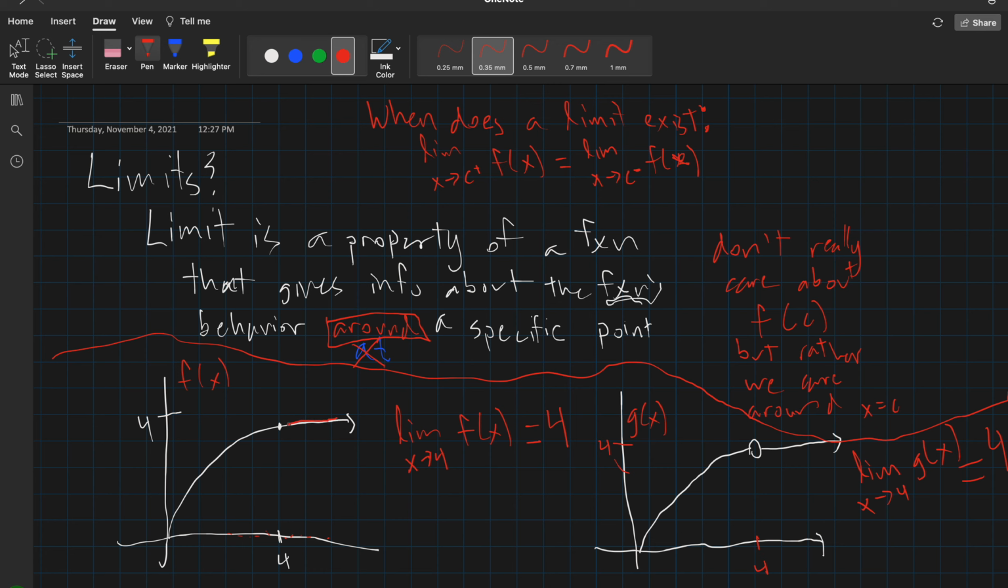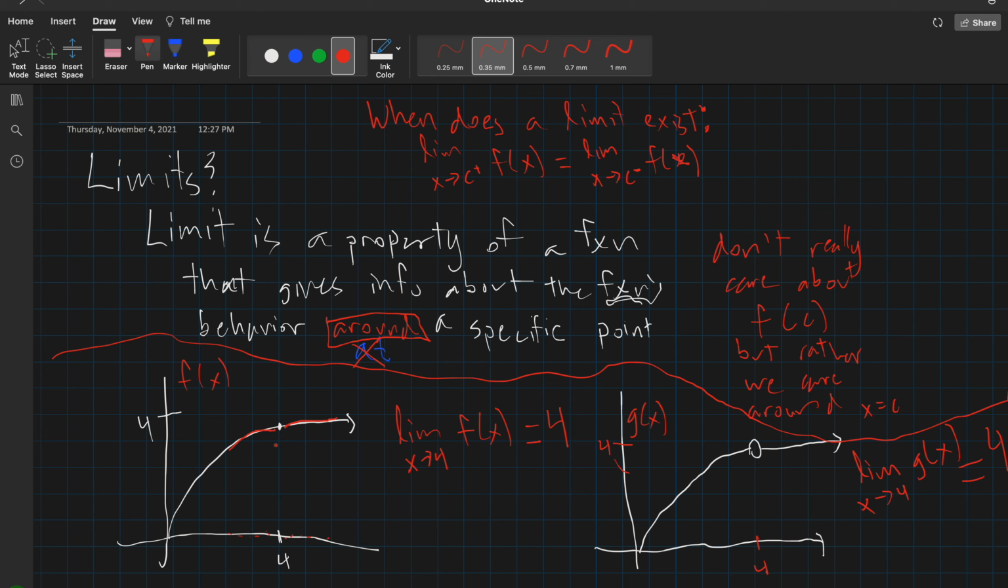Similarly, when we're talking about the limit as x approaches c from the left, we're going to be approaching from the left side. So if these two values seem to be in agreement on where they're headed, so in this case the y value 4, then we can say that the limit exists.